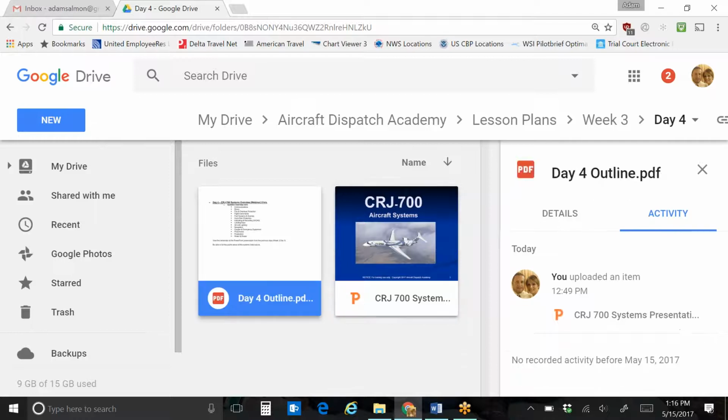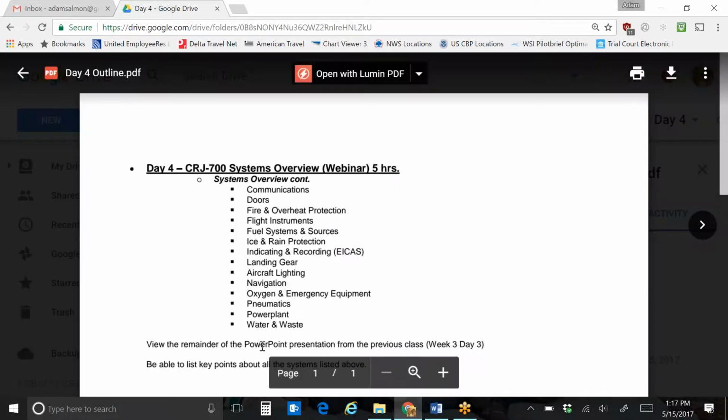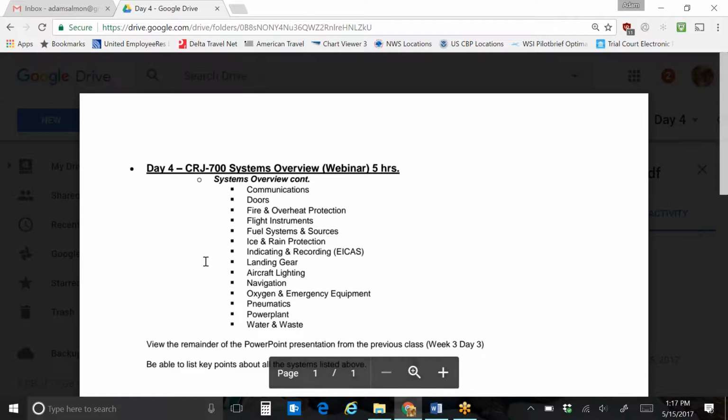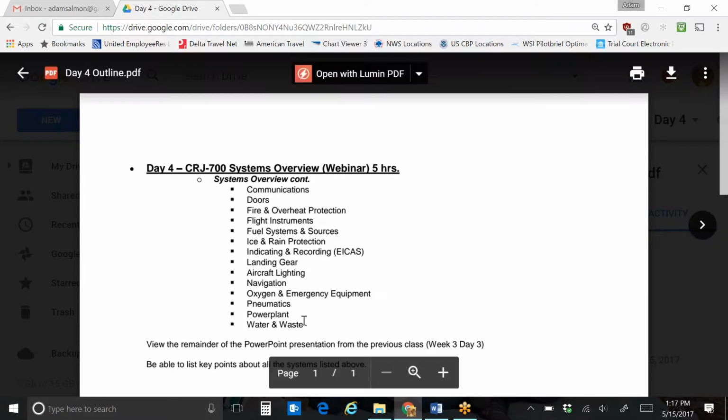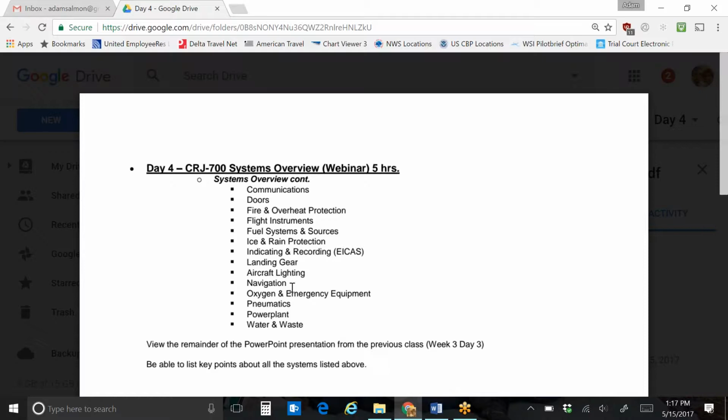But as always, you want to be able to go over each of these little categories and just be able to write a sentence or two about what each of those systems does, and the other things that I individually went over as far as remembering the specific things that are in like the ICAS system, and the other individual things that I mentioned on here that you'll need to know and write down would be the only thing in addition to just being able to write more or less a sentence or two about each of these systems. So anyway, that should be it for today.